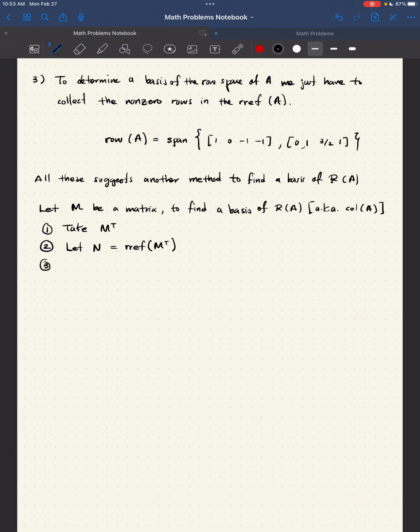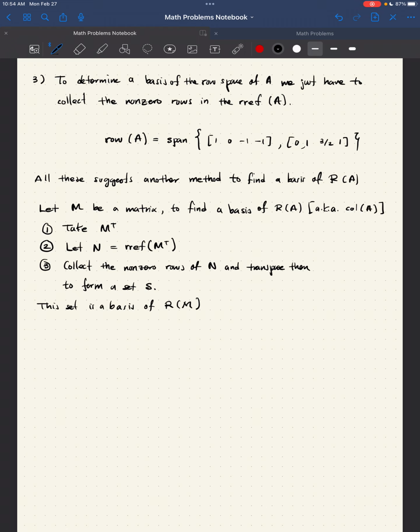Then, after this, collect the non-zero rows and transpose them, to form a set S. This set is a basis of the range of M. All this in virtue that row equivalent matrices have exactly the same row space.